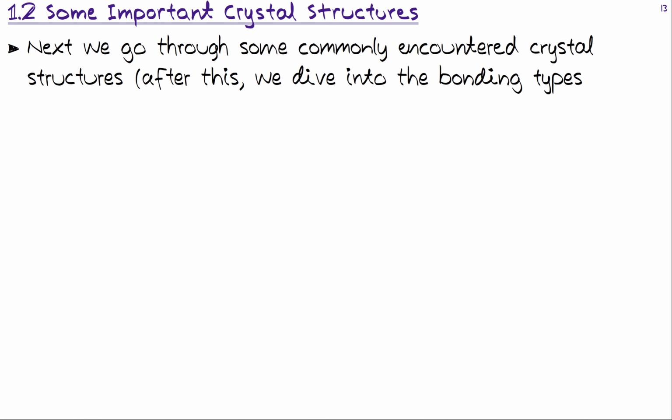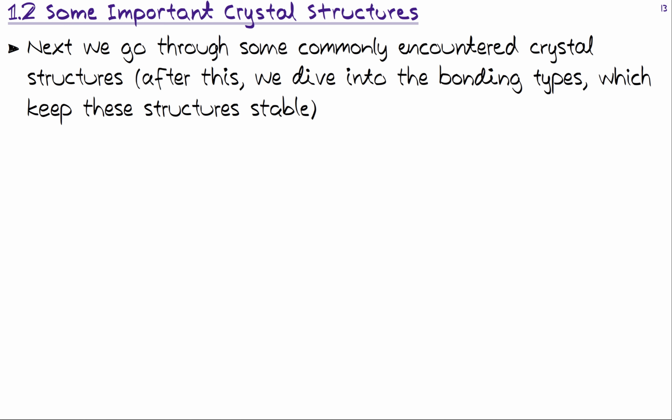And after this, in the second chapter, we dive into the different bonding types. And I want to remind you here that it's also good to appreciate the physical microscopic properties and the principles that keep these structures stable. So that's maybe good to keep in mind.